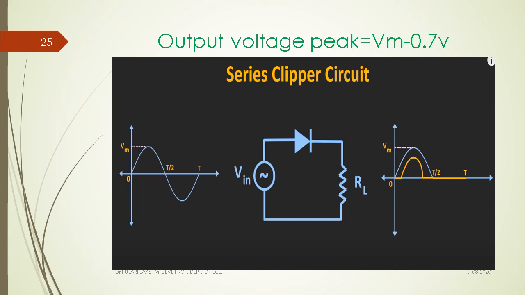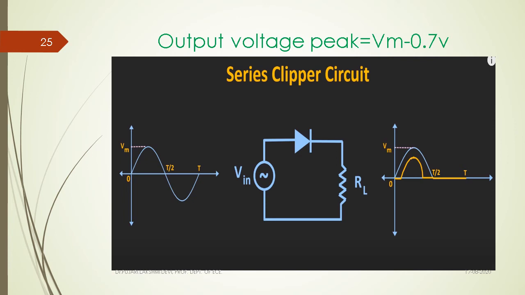Coming to the practical case of a diode, if you have connected a diode in series with its load resistor RL, the diode has its internal resistance. So whenever the input voltage crosses that, it acts as a closed switch. Whenever the input voltage is greater than the cut-in voltage of the diode, until that period the diode remains reverse biased.